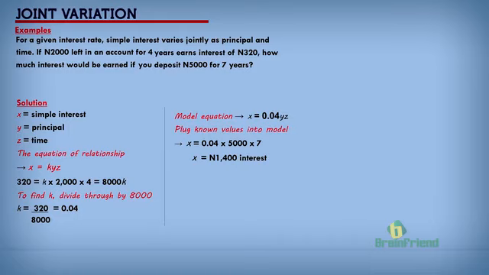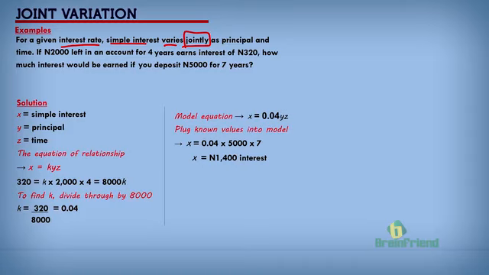We said this relationship, that is the joint variation relationship, can be found in real life situations. Let's see how they apply in this question. For a given interest rate, simple interest varies jointly. So again, you quickly know what relationship is in play in your question.